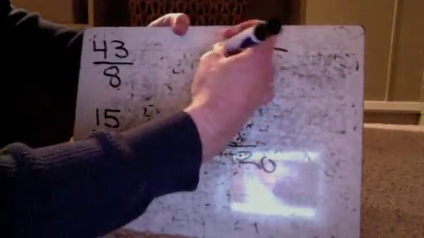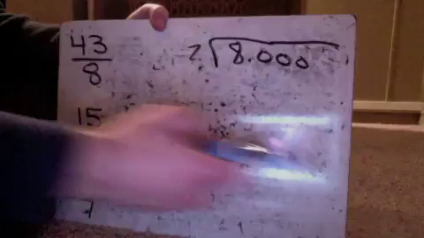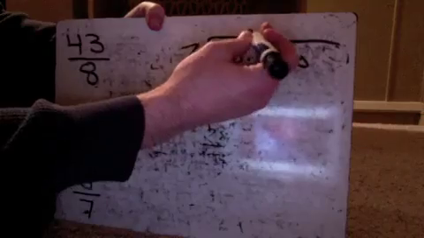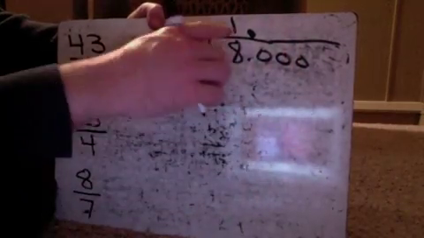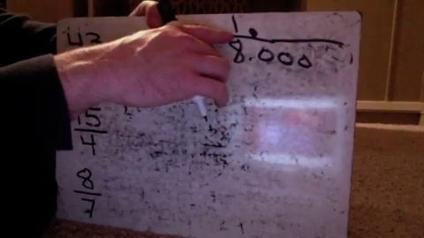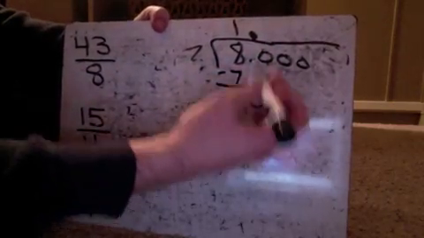So 8 and 7, and I can do 0.00 if I want to. Okay, and we might need a couple more zeros. I don't know how far this is going to go out here. 7 goes into 8 once, and you'll notice I put that in front because 7 actually did go into this 8. So I know it's going to be 100 something percent. 7 take away equals 1, bring down your 0.